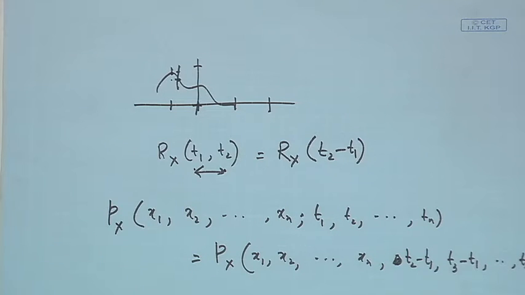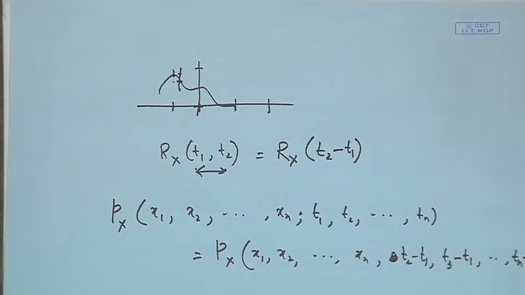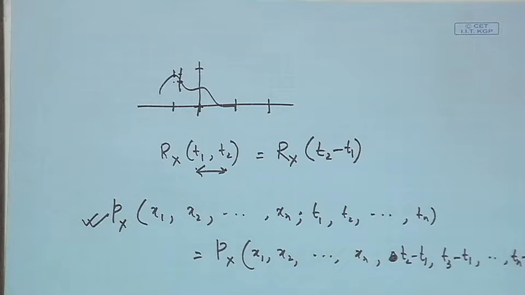So, wherever T1 is, as long as T1 to T2, T1 to T3, T1 to T4 are all the same, I can shift the whole thing and the whole statistics will remain the same. Then I can say at the nth order also it is stationary.